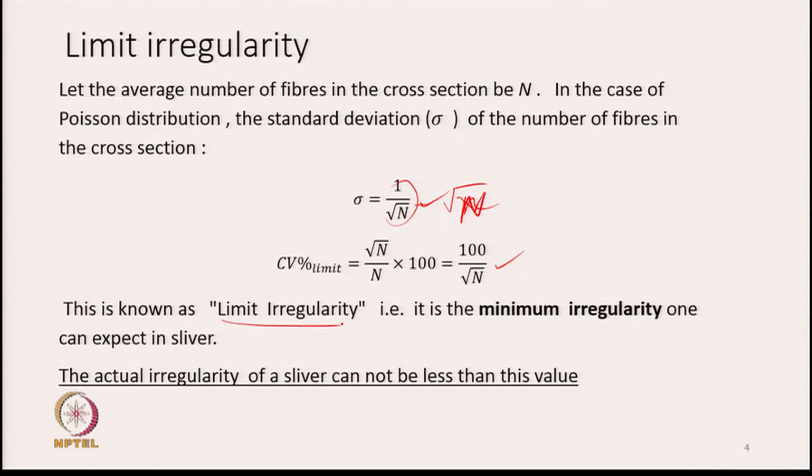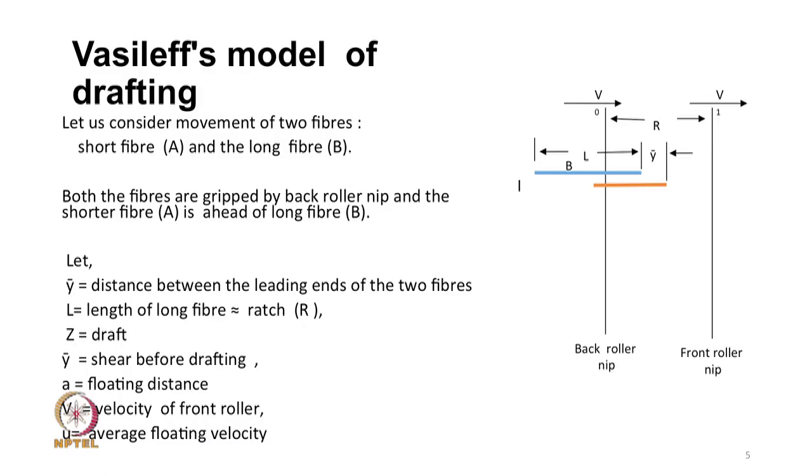That is, the actual irregularity of a sliver cannot be less than this, and the irregularity in the number of fibers is directly associated with the irregularity in the mass per unit length also. Therefore, we say that the minimum mass irregularity will also be similar to 100 by root N.